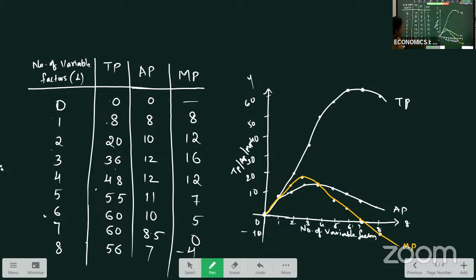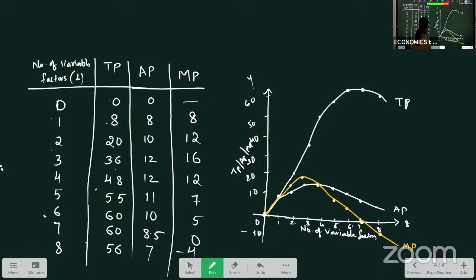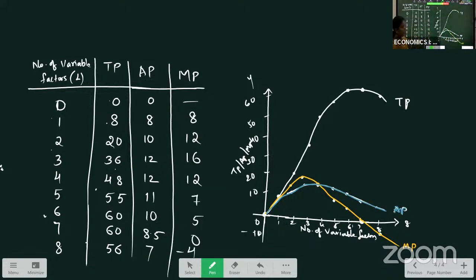Got the difference between AP, MP and TP here? See, your AP is increasing, reaches a maximum, then your AP curve decreases. So this is how we have the curves, that is TP, AP and MP.